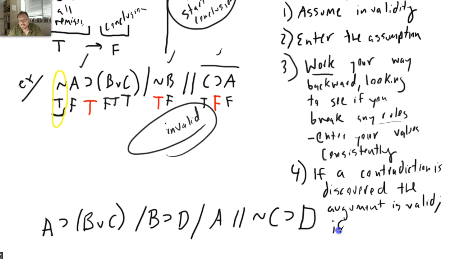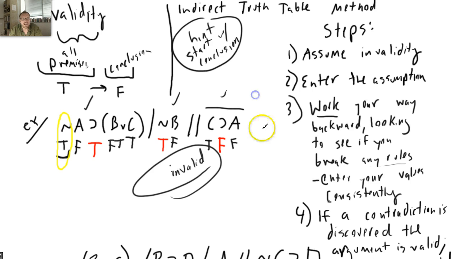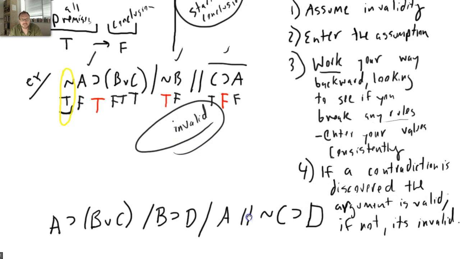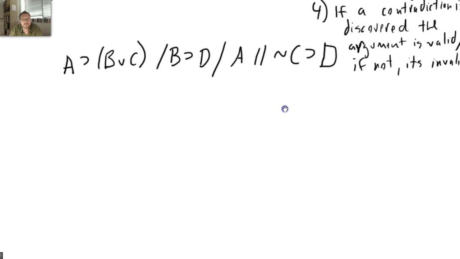If not, it's invalid. Okay, so going back to our example here, we made the assumption of invalidity. We did not commit a contradiction, meaning we didn't break any of our rules. Therefore, this argument is invalid. So let's do this problem here.